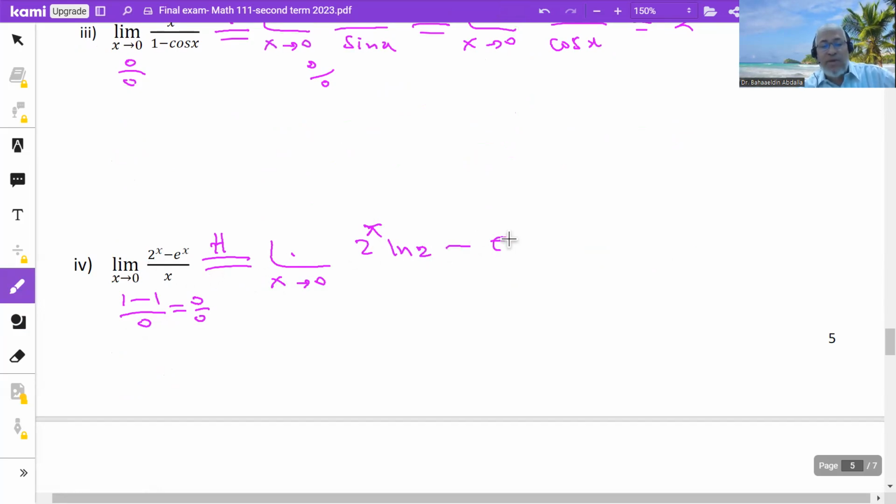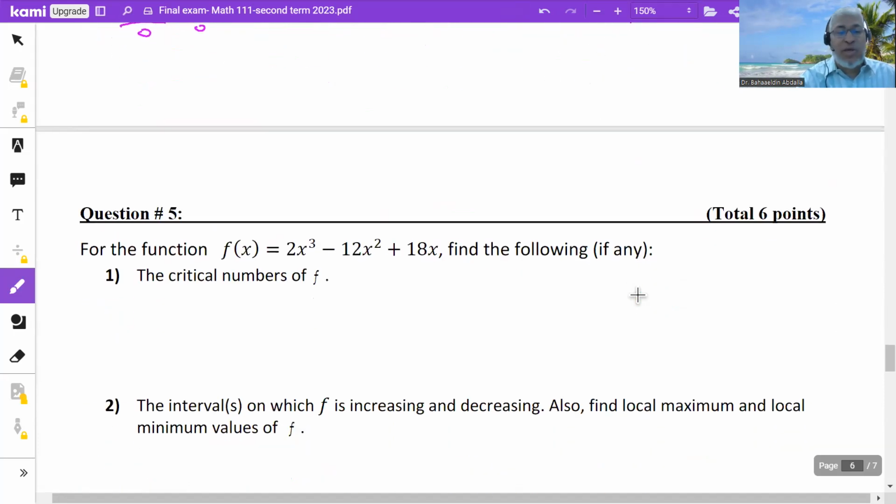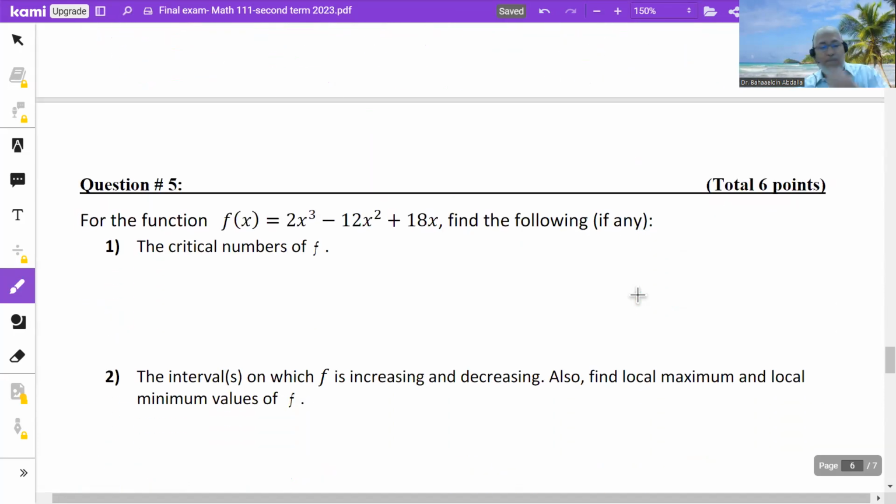Minus derivative of e^x, that's e^x, and derivative of x is 1, so there is no need to write it, okay? So when x approaches 0, I have 2 to the power 0, which is 1, times ln 2, minus e to the power 0, which is 1. So the answer is negative 1 plus ln 2, that's the limit.